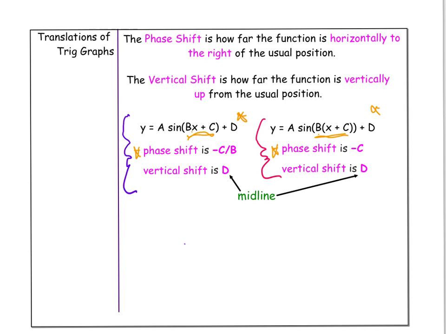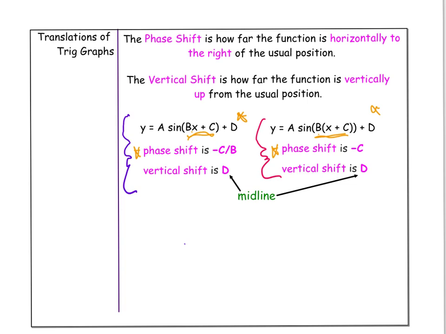On my next problems, I'm going to find all of the things that I have been finding: my amplitude, my period, my frequency. Now I'm going to add my phase shift and my vertical shift in there. We just want to identify what's happening to my graph. Remember in the first video I said I need to know where sine starts, where cosine starts, where it crosses my axis, and where the peaks and valleys are.